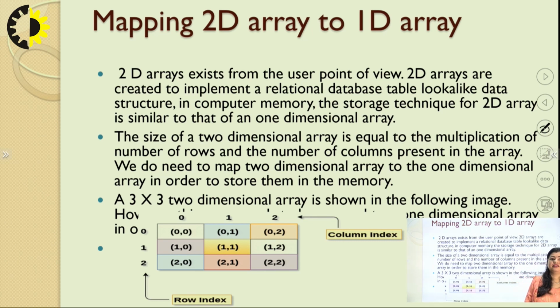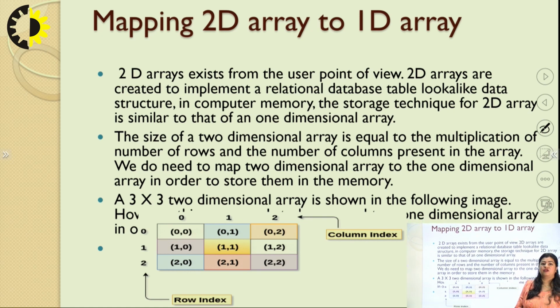The storage technique for 2D is similar to that of a one-dimensional array. The size of a two-dimensional array is equal to the number of rows multiplied by the number of columns. We do not need to map a two-dimensional array to a one-dimensional array in order to store it in memory.